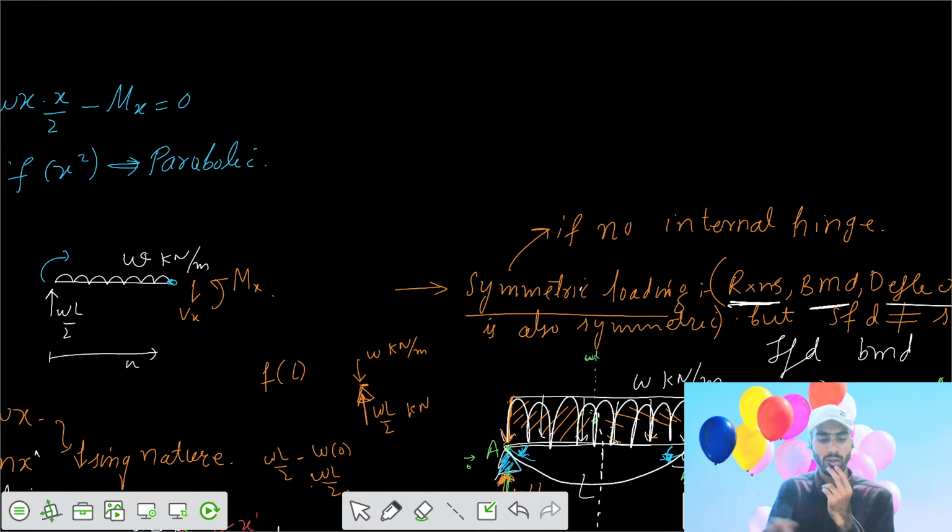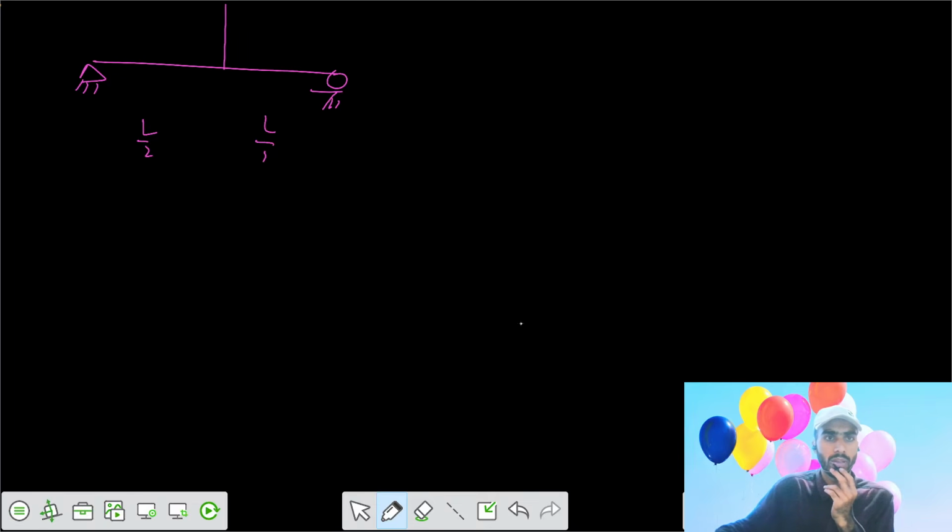Let's have one more symmetric problem. This one is a simply supported beam subjected to a loading with maximum intensity at mid, say this is L by 2, this is L by 2, and it varies linearly.